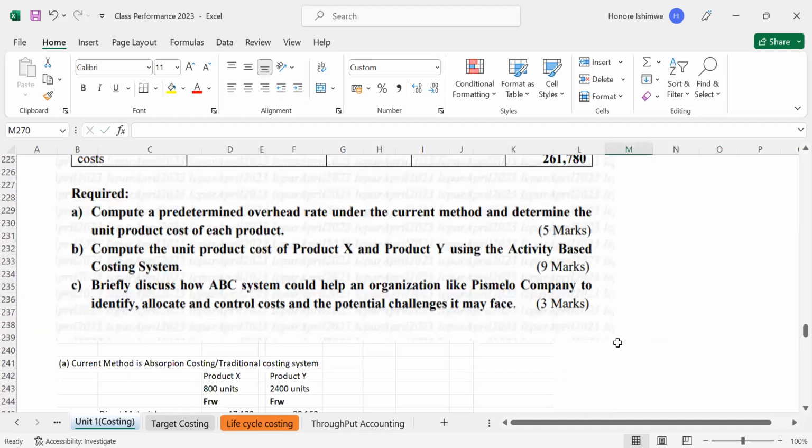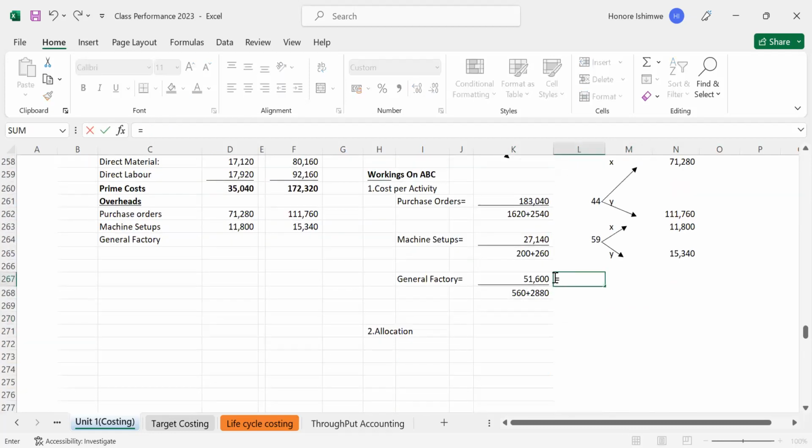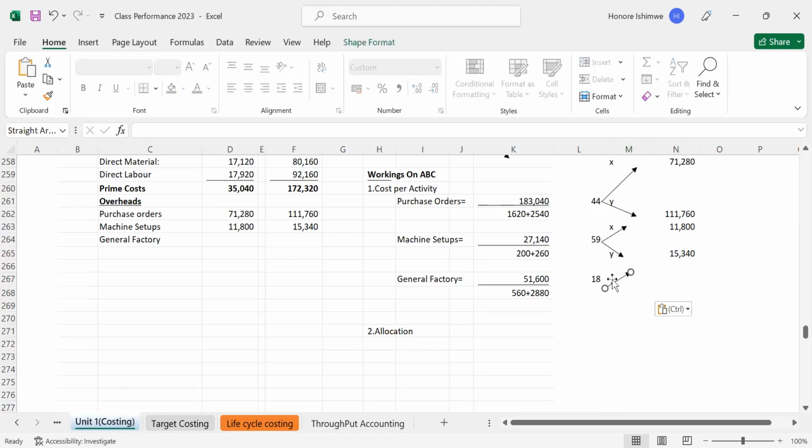Is it okay? Now, let's determine our cost per activity, which would be this divided by this 560 plus this 288 to give us the correct figure. It is 18. Now, if it is 18, let's allocate for X and for Y. This is simple, friends.